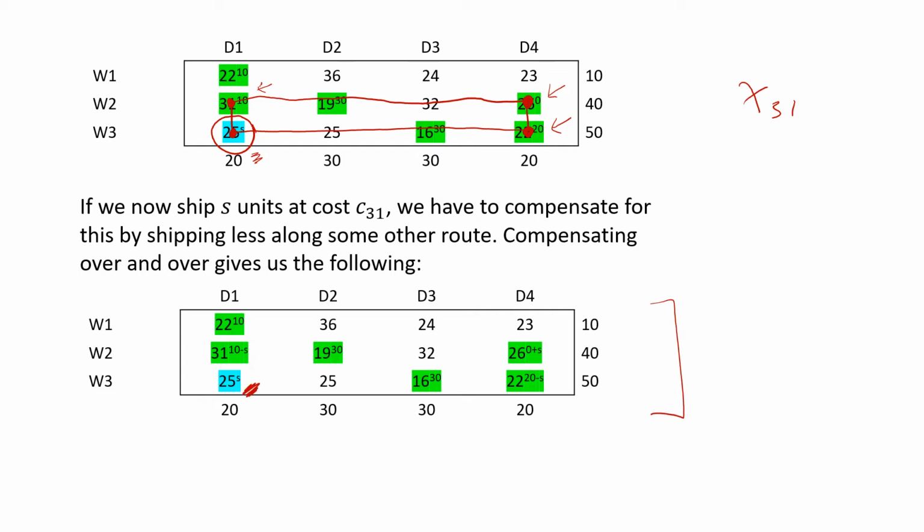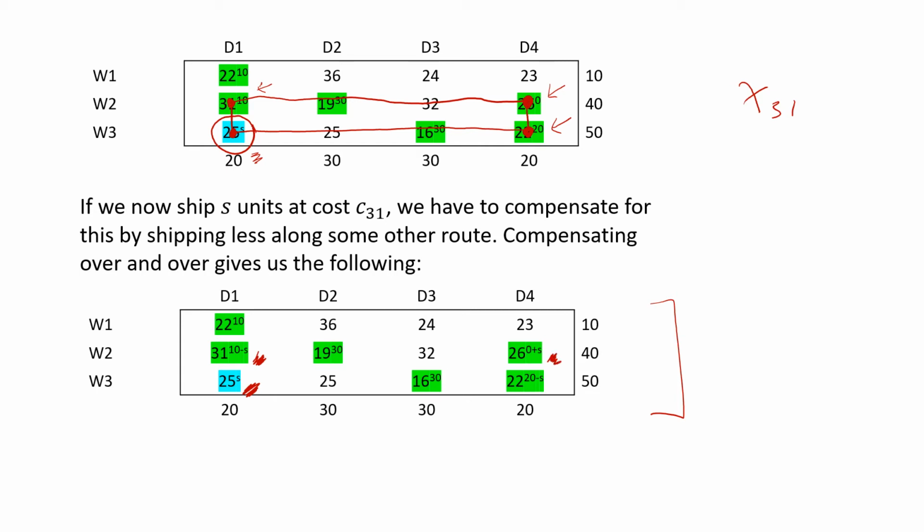My first one, I've gone up by S. This is my new one. To compensate, I have to drop something in here by S. So distributor 1 gets S fewer units from warehouse 2. Well, now warehouse 2 is shipping fewer units, so they have to ship some extras. They ship them to distributor 4.